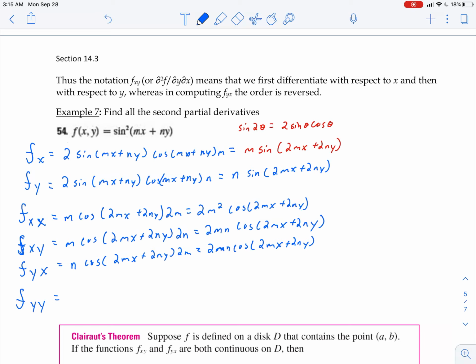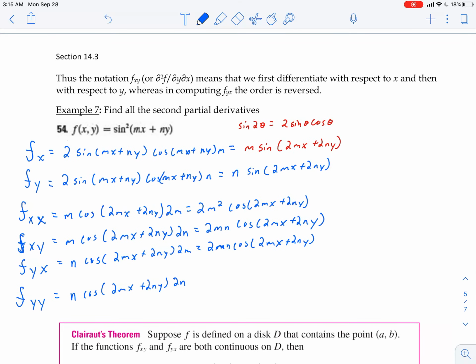And so now we're doing the second derivative of yy. We're just going to use f sub y, and we're going to take the derivative of that with respect to y again. So we're going to have n cosine of 2mx plus 2ny times the derivative of 2ny, so it's just going to be 2n.